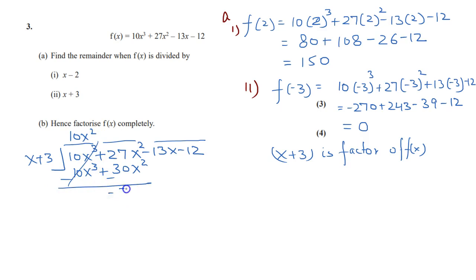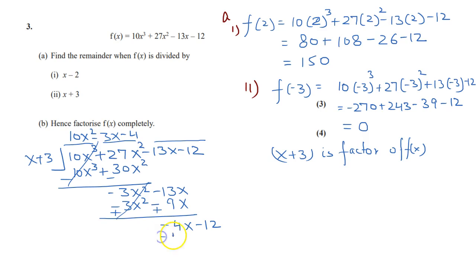So this is minus 3x square and minus 13x. So we need minus 3x. Minus 3x multiply x is minus 3x square. Minus plus is minus 3 times 3 is 9x. This is plus, this is plus. This is cancelled. 13 minus 9 is negative 4x minus 12. So minus 4x minus 12. So this is cancel.